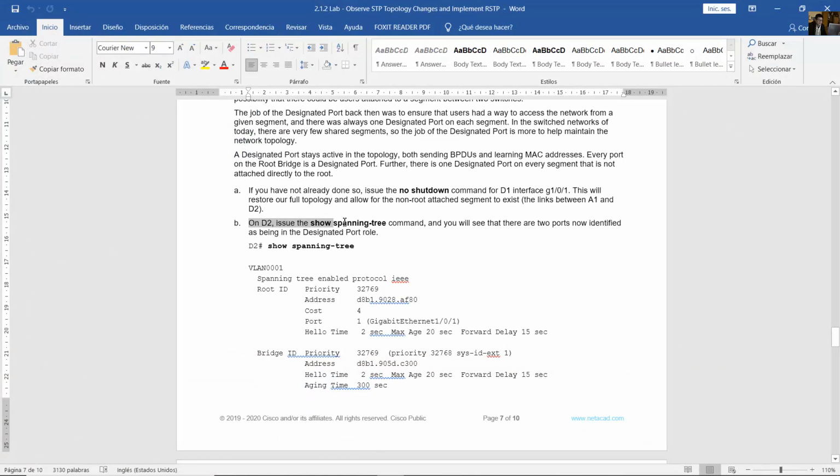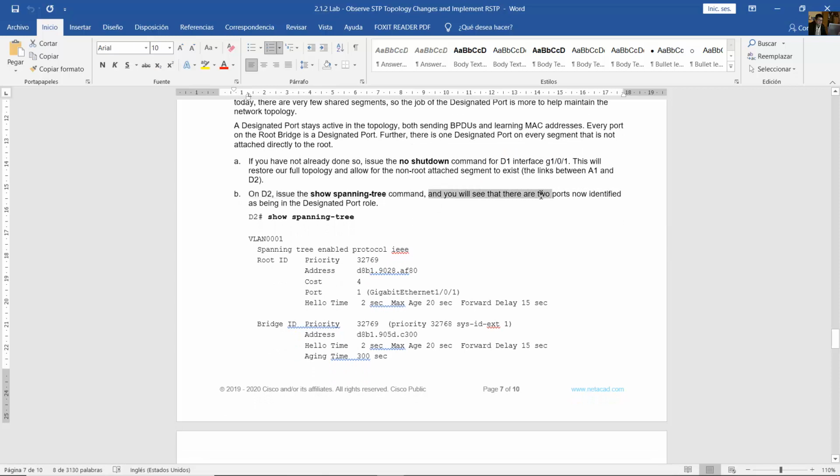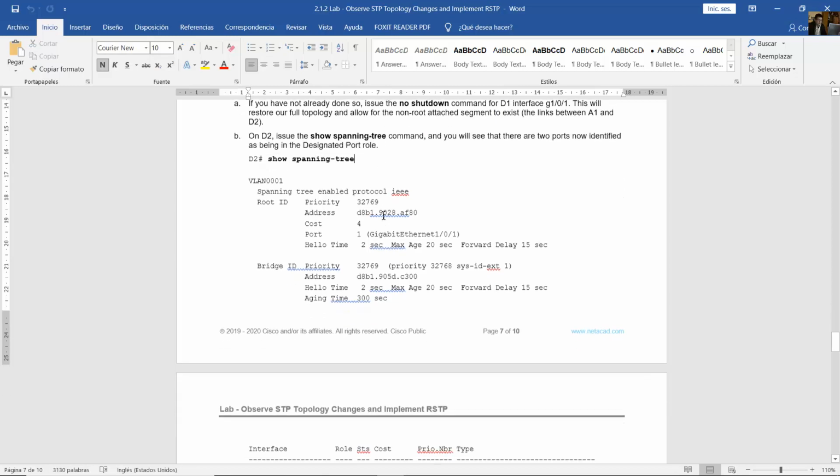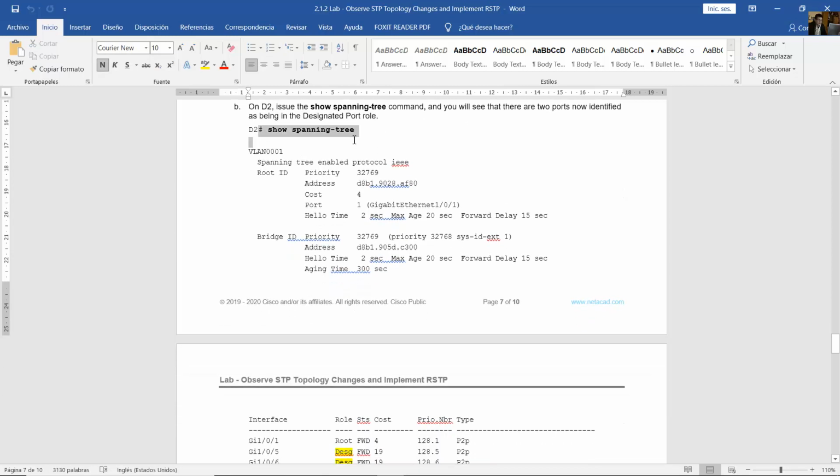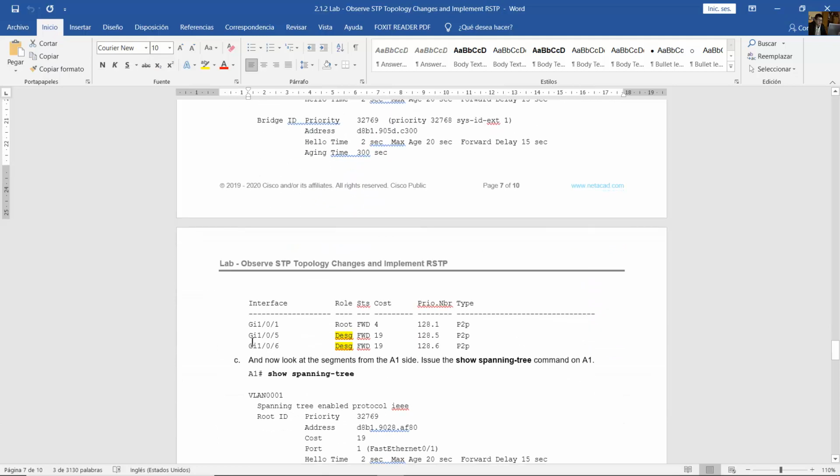On D2 issue the show spanning tree command, and you will see that there are two ports now identified as being in the designated port role.